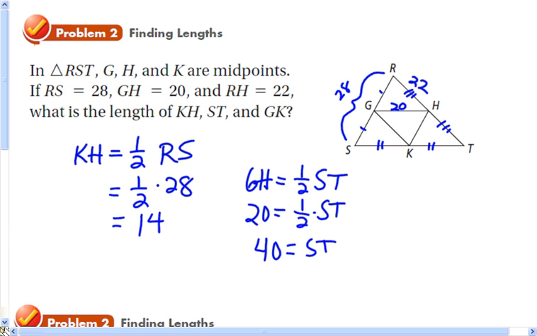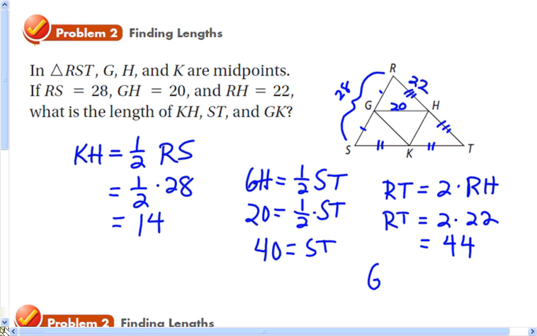We also know that RT is equal to 2 times the length of segment RH, because those two segments are congruent. We know that RH is equal to 22, so RT is equal to 44.